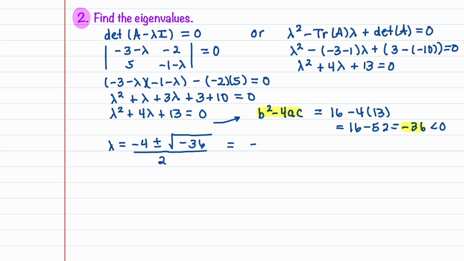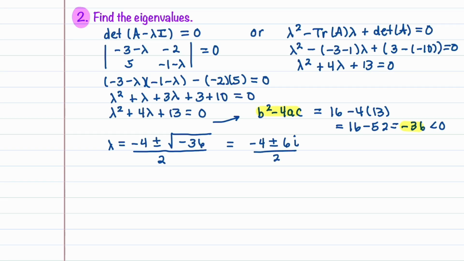This gives us (-4 ± 6i) all divided by 2, so we get that λ is -2 ± 3i. We'll highlight that because those are our eigenvalues. And let's just make a note that we have complex eigenvalues. That's going to tell us the form of our general solution.